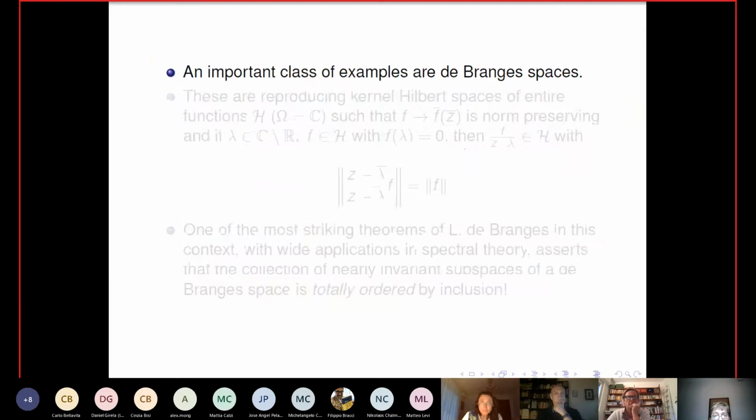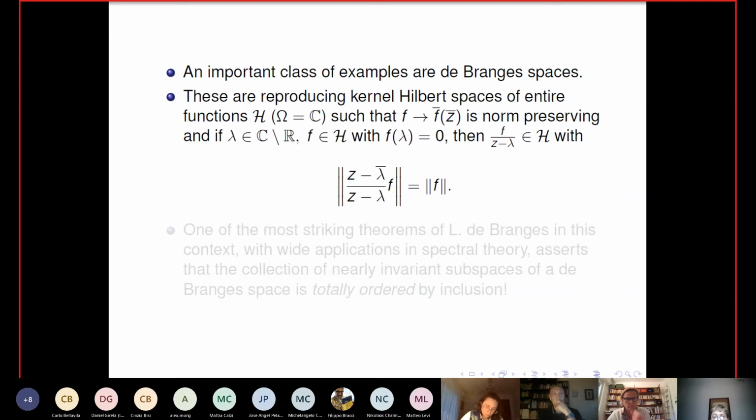Okay, but now maybe the most important class, historically speaking, are the de Branges spaces, right? These are reproducing kernel spaces of entire functions where the flip f(z) to f-bar of z-bar is norm preserving, and you can divide out zeros. Not only that, if you multiply with the Blaschke factor determined by the zero, then this is an isometry; it preserves the norm as well.